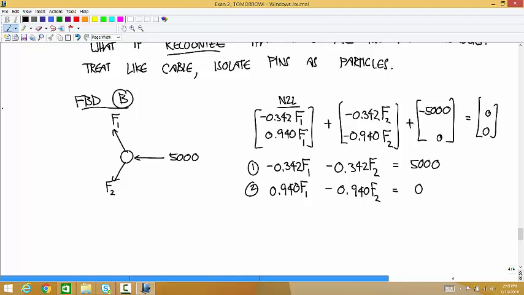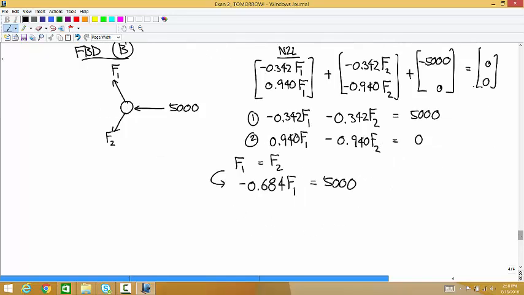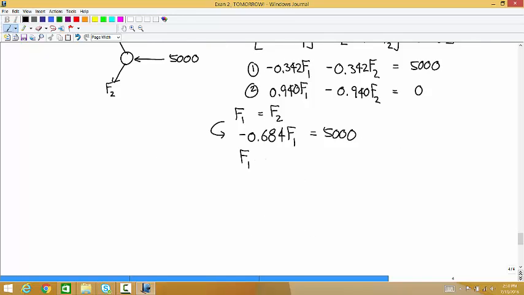Okay, so F1 is equal to F2. And so that says negative 0.684 F1 is equal to 5,000. So F1 is equal to F2.